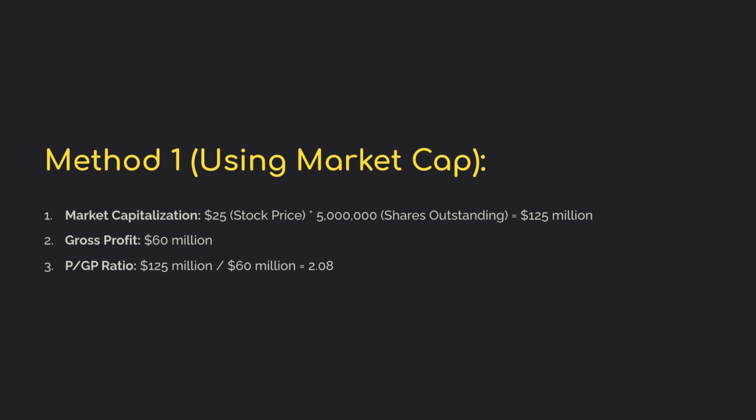Method 1, using market cap: market capitalization is $25 stock price times 5 million shares outstanding, equals $125 million. Gross profit $60 million. PGP ratio: $125 million divided by $60 million equals 2.08.